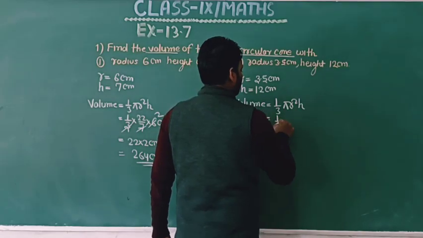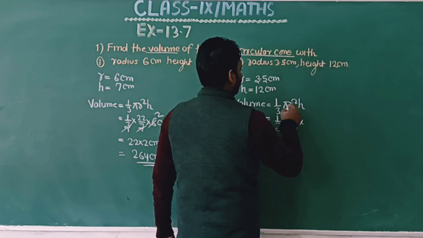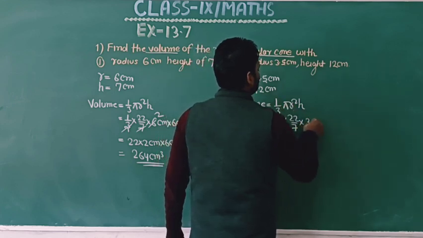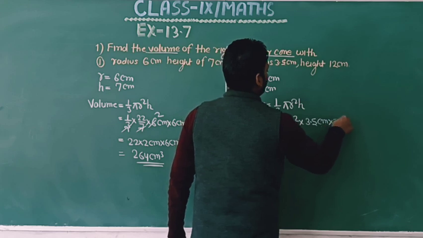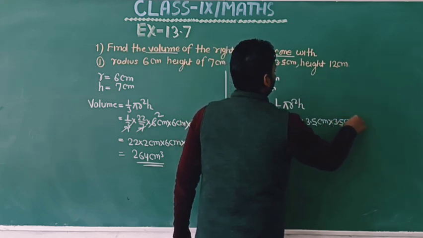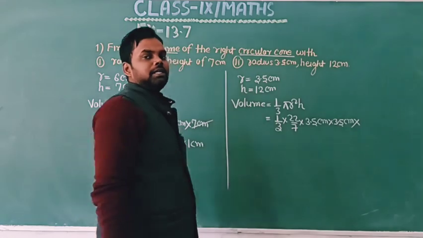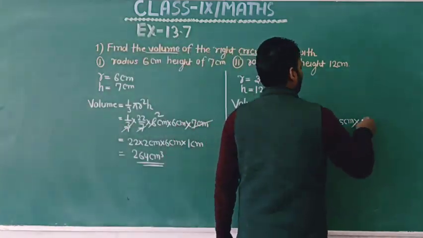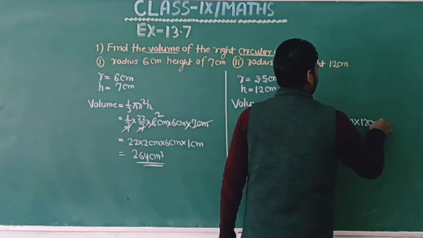So this is 1/3 into pi, which is 22/7, and radius is 3.5 centimeter into 3.5 centimeter, and height is 12 centimeter.